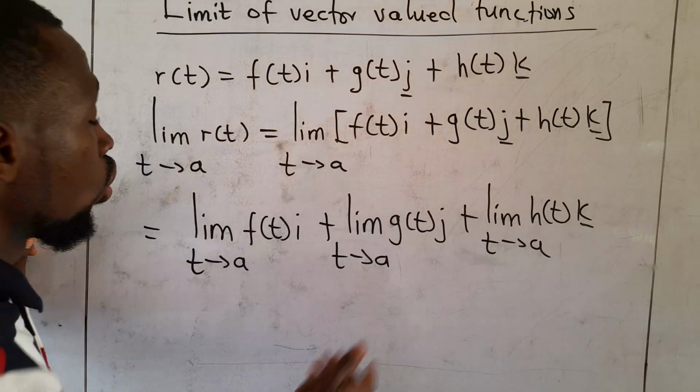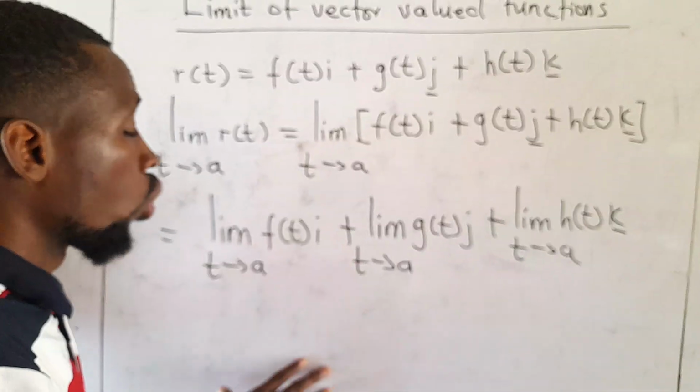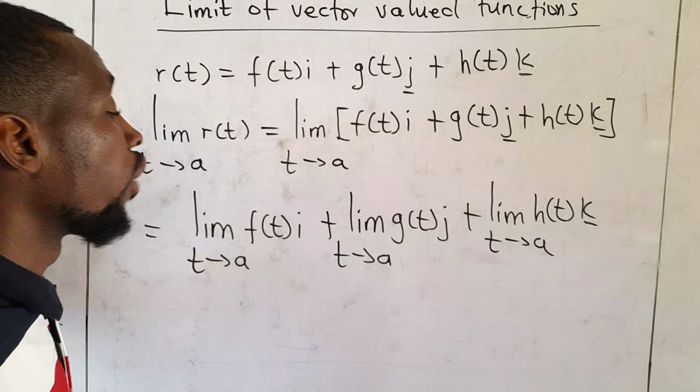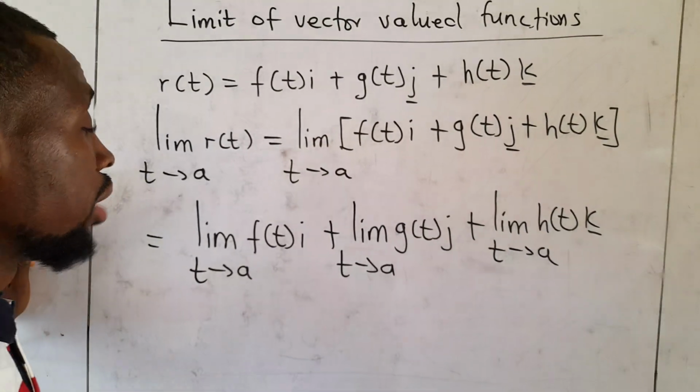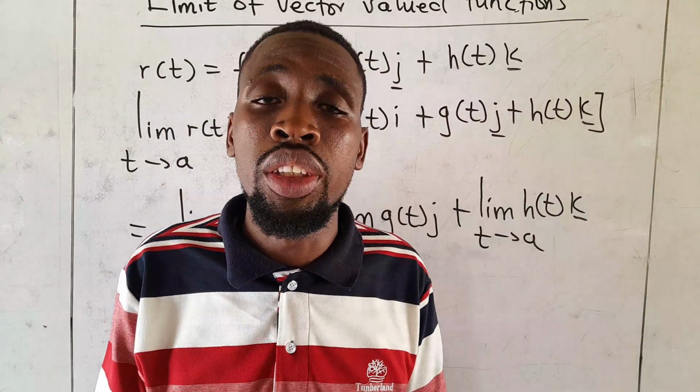Then, with each limit, we just substitute the value of a in the place of t. We simplify to find the limit of our vector valued function. Now let's look at sample questions and see how we'll deal with them.